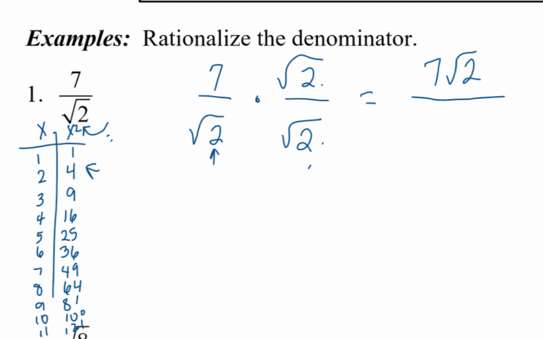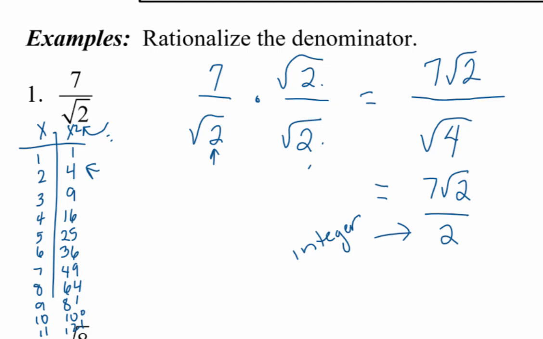They don't have to be like radicals. And under here, the square root of 2 times another square root of 2 is the square root of 4, which simplifies to a 2. And now our denominator is an integer, and so it's a rational number. And so we have done the task. The task was to rationalize the denominator.